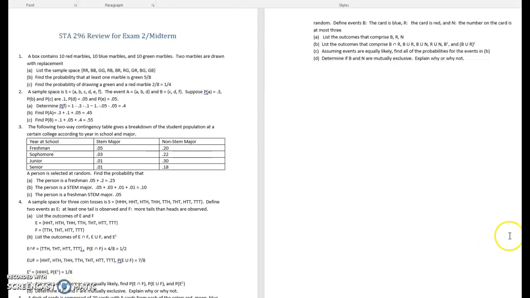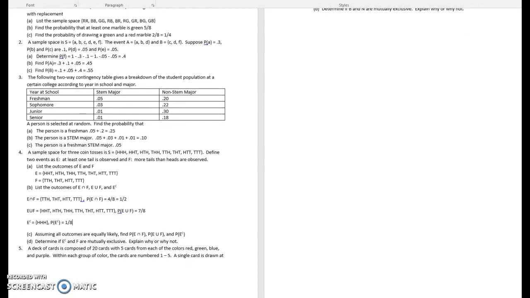Now, question D. Determine if E complement and F are mutually exclusive. Explain why or why not. Now, remember, 2 events are mutually exclusive if they have an empty intersection, or if they have nothing in common. So if we glance at E complement, it's composed of HHH. And if we glance at F, it's composed of outcomes that are not the same.